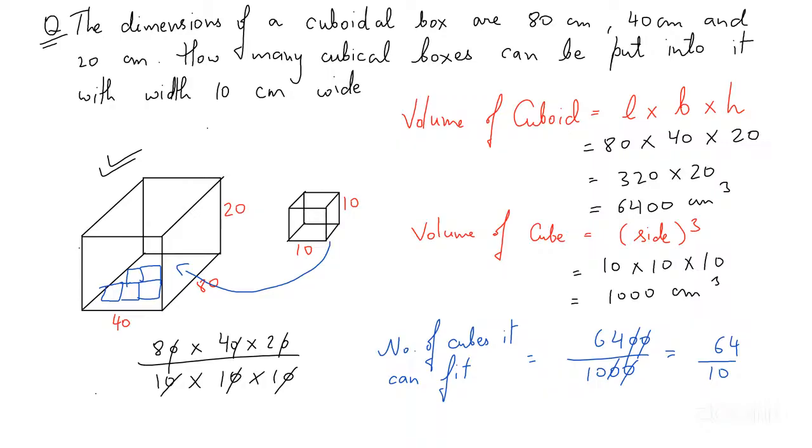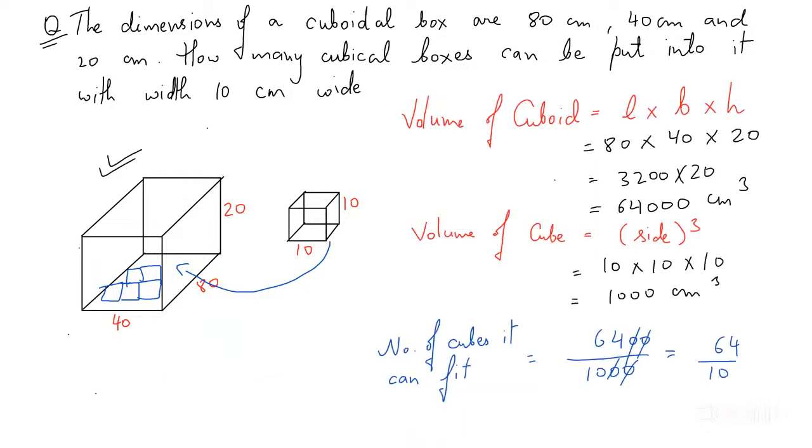80 times 40 times 20 is actually 64,000, Joshua. Okay, we made a slight mistake. 80 times 40 is 3200. Just make a little correction. 3200 multiplied by 20. So 64000 centimeter cube.